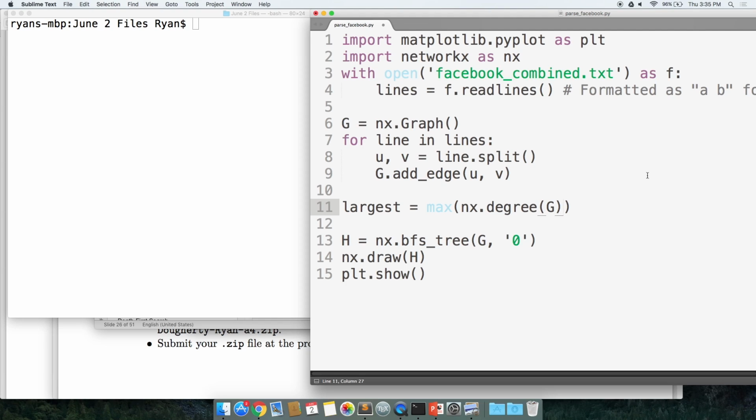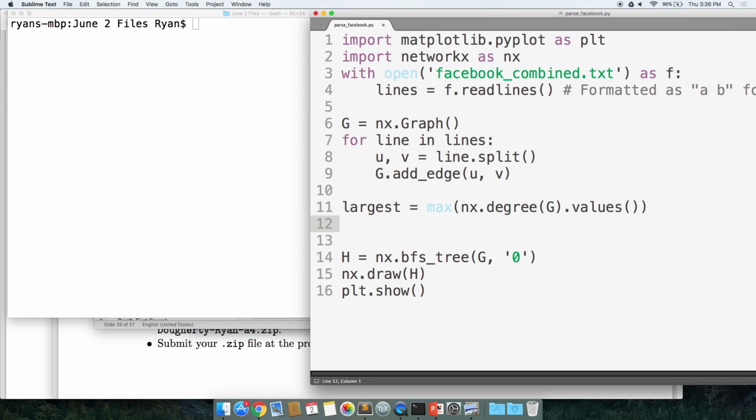So it's going to have, say, vertex 0 has degree 100, so entry 0 colon 100, and then for every other vertex it has this. But it doesn't make sense to look at max here because it's a key-value pair. I only want to normalize the degrees of the vertices. So to get all of the values in this dictionary, we just call values. This will now just be a list containing all the degrees, and largest will just be the largest one.